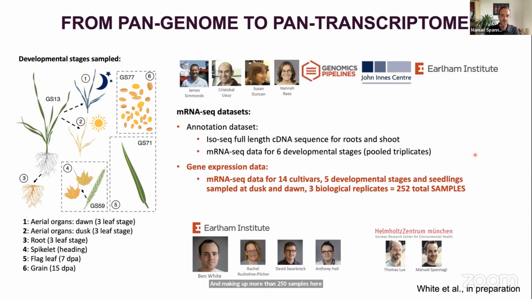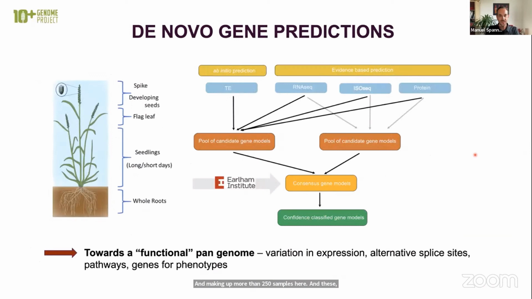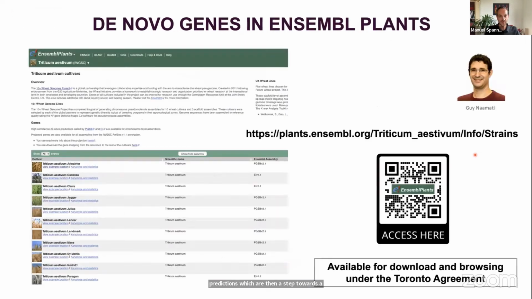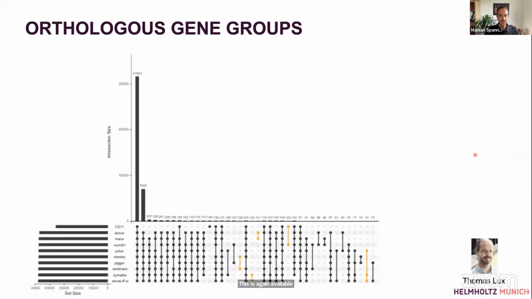And these were grown in the same conditions and now compared. They were used to deliver full de novo gene predictions, which are then a step towards a functional pan-genome, looking at variation in expression, alternative splice sites, and so on. This is again available in Ensembl Plants in case you're interested in download and browsing.